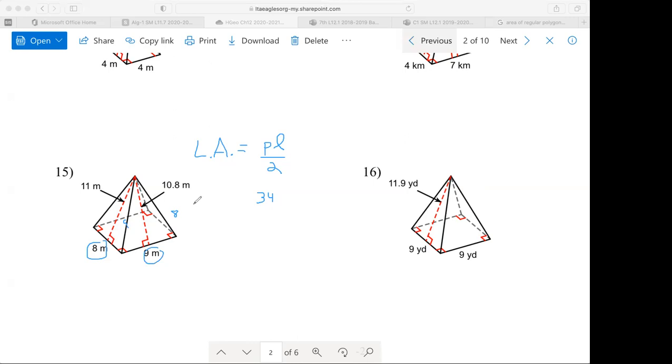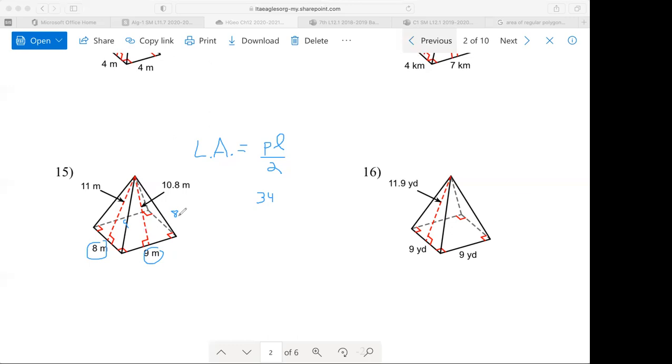This is either a mistake from the program or they gave me an oblique. One of these could be a height, but it would have to come from the center. I just think 15 is a bad question. Let's skip number 15. I wonder why my honors kids, nobody pointed this out. No one caught this. This is an oblique one.